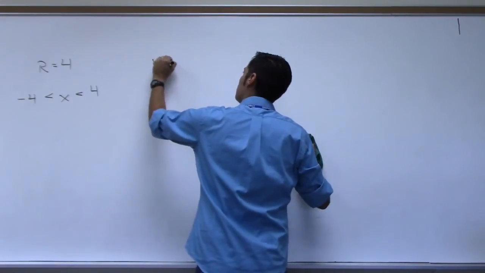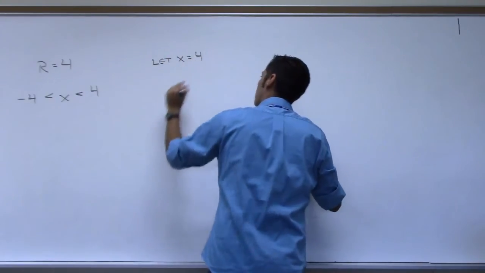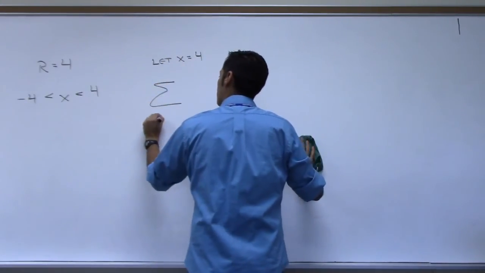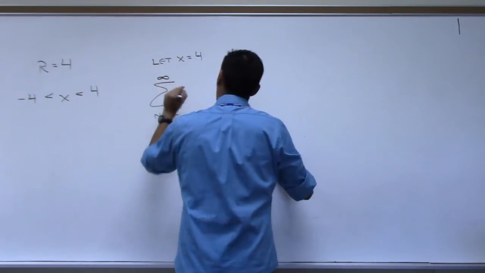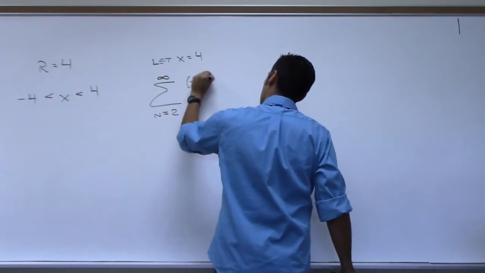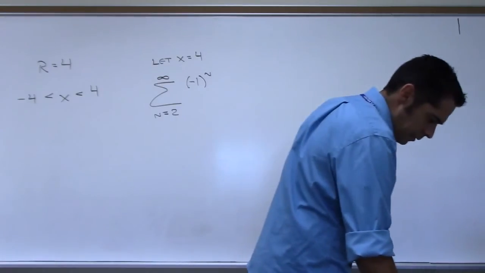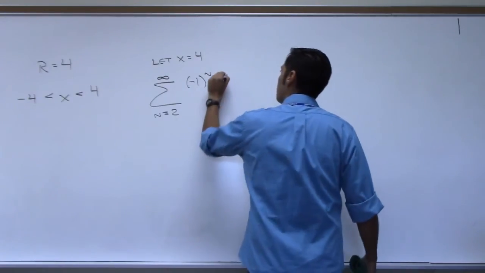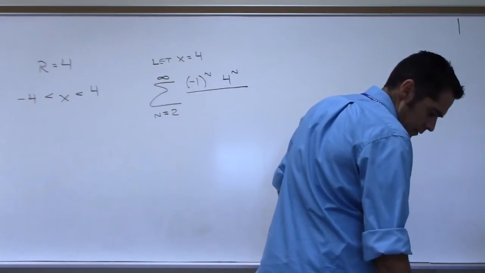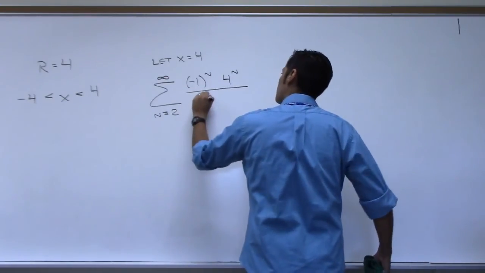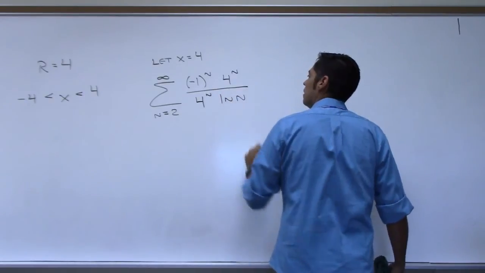So let x be 4 to start. Sum n equals 2 to infinity of negative 1 to the n, x to the n, so 4 to the n over 4 to the n natural log n.